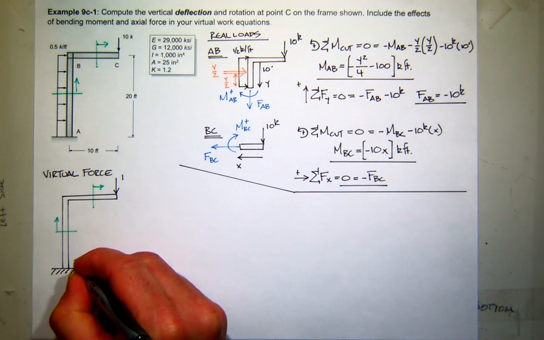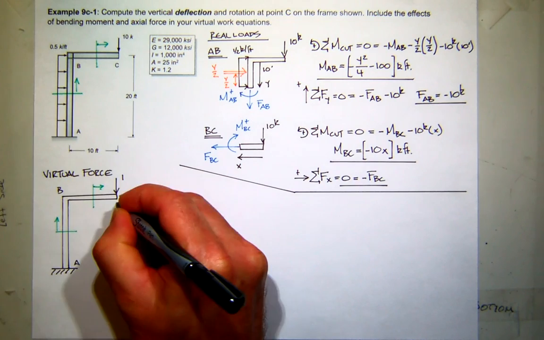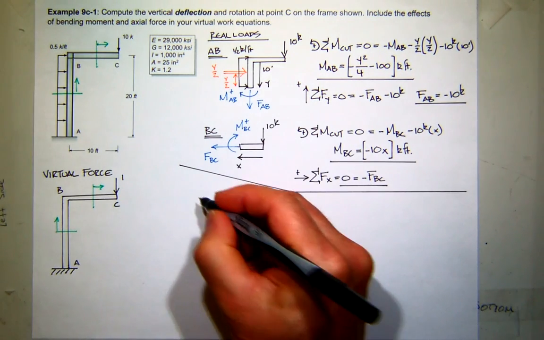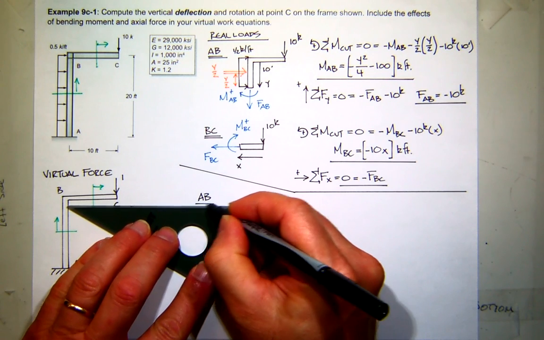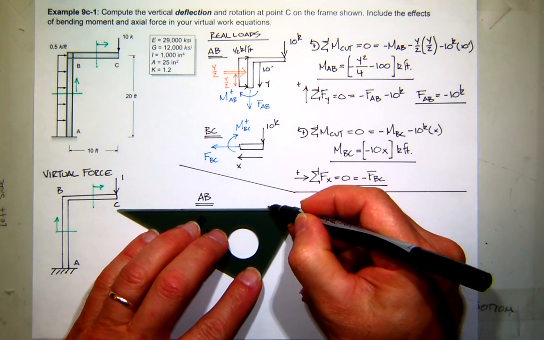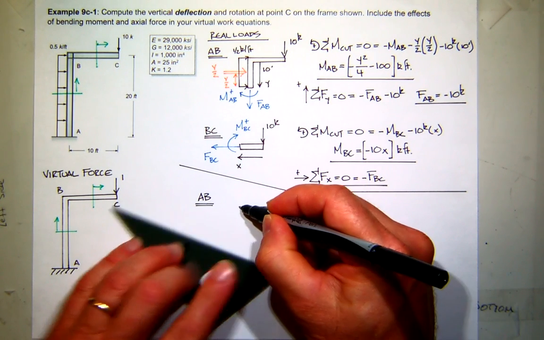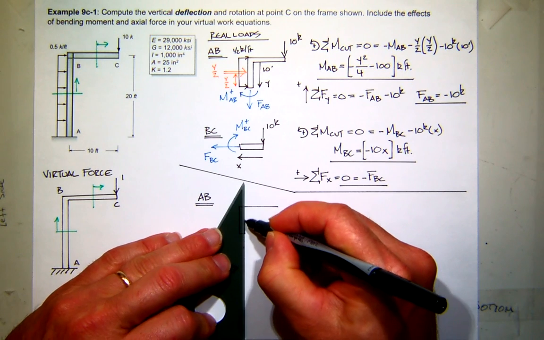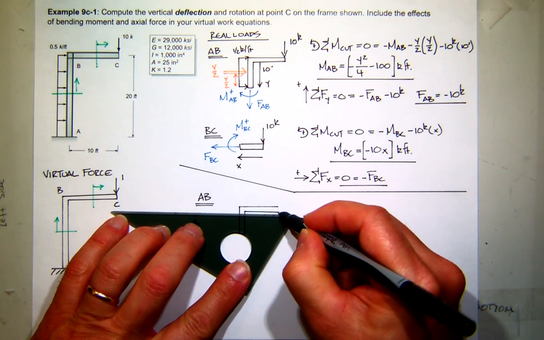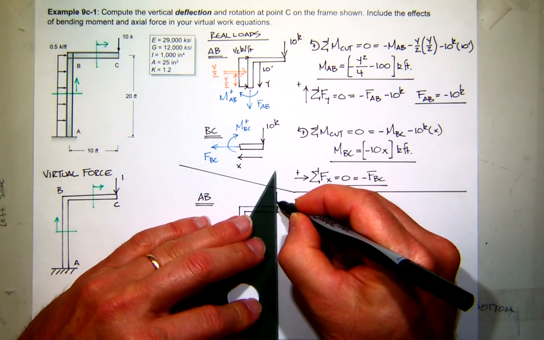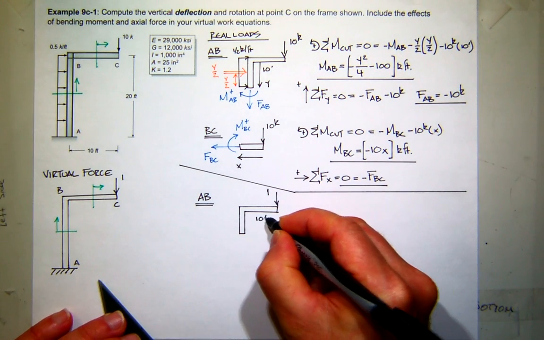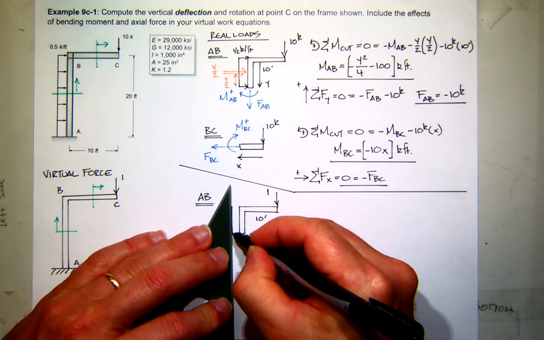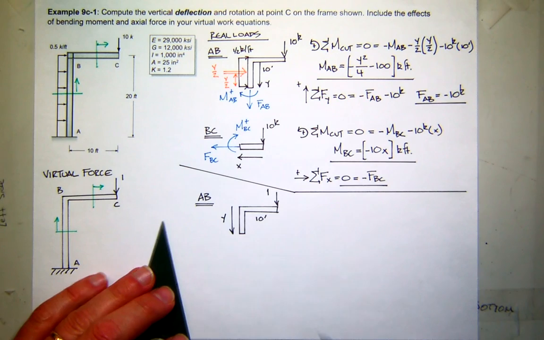This is A, B, C. Just like up here, I'll do A, B. I'll draw the same free body, except all I have on that is my unit force. This is 10 feet. Down to the cut is Y.